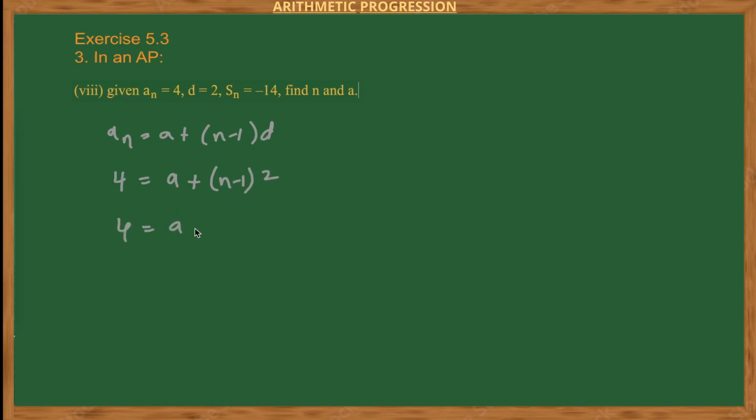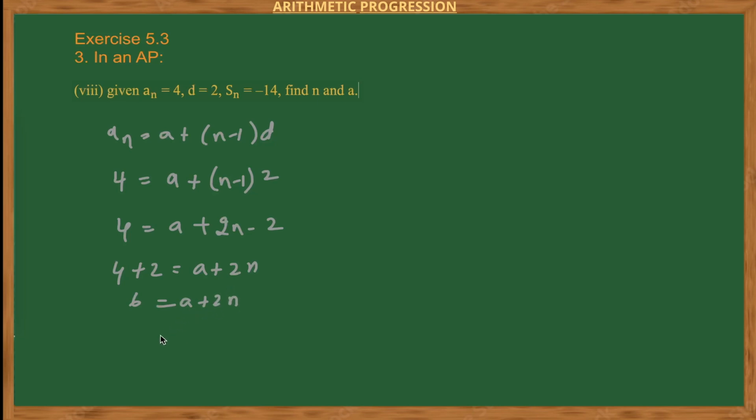4 is equal to a plus 2n minus 2. Let's bring this 4 plus 2 here, it becomes 6 is equal to a plus 2n.